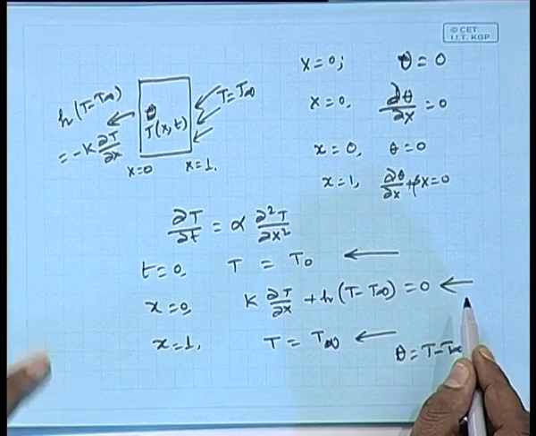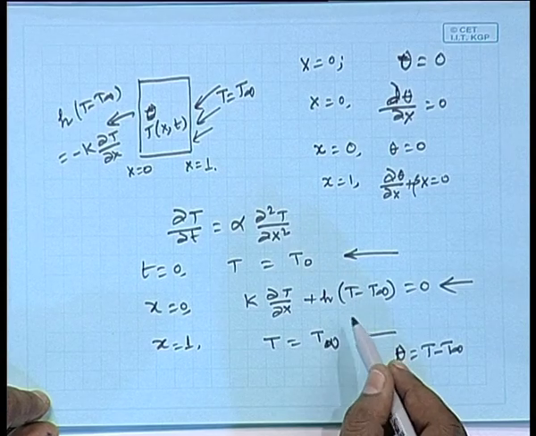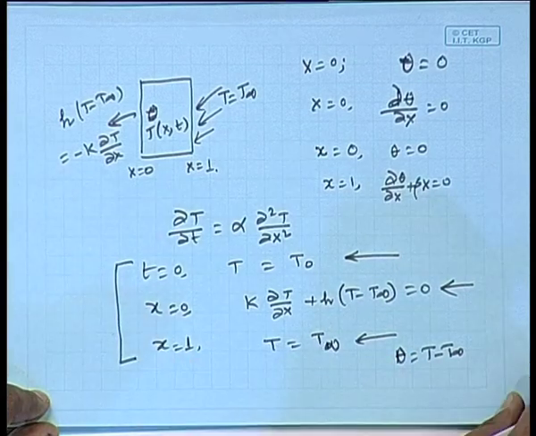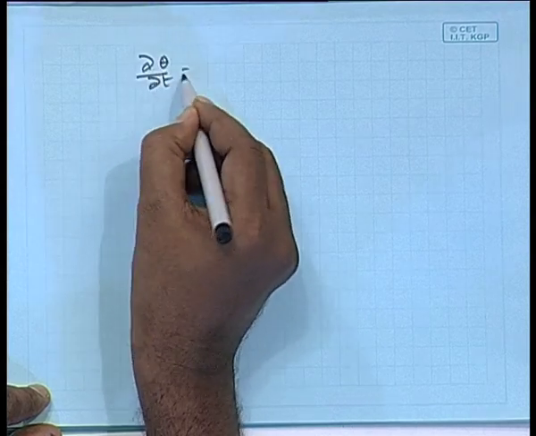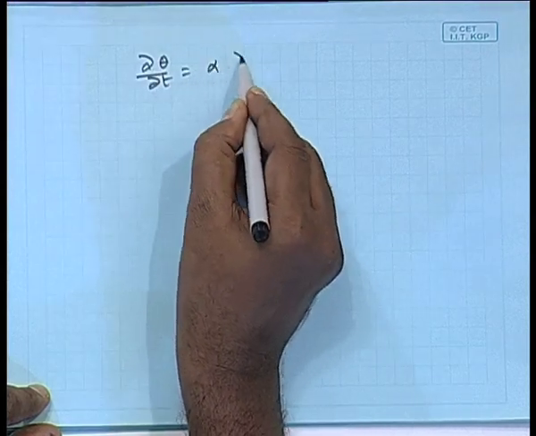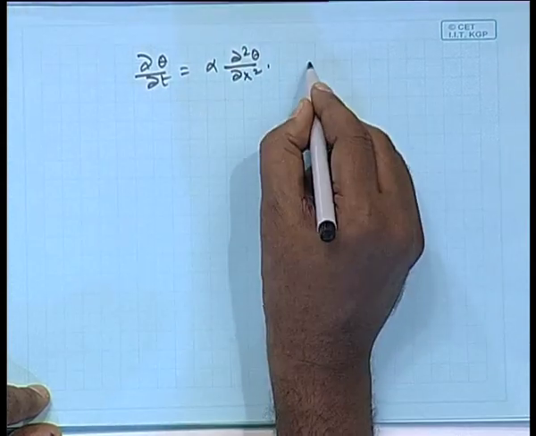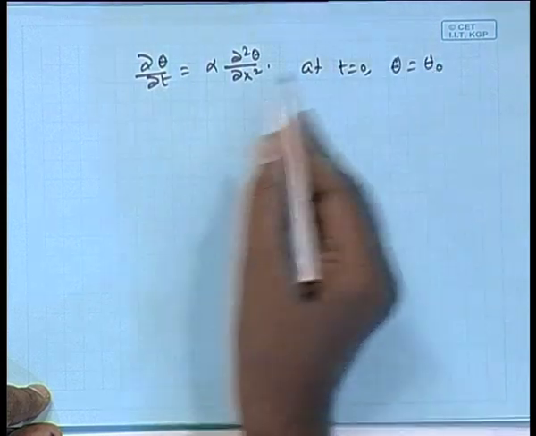But there will be a problem here. Now, if you start the problem something like this, then let us see what the problem will be facing. So, ultimately your equation will be del theta del t is alpha del square theta del x square. At time t equal to 0, your theta is theta 0.